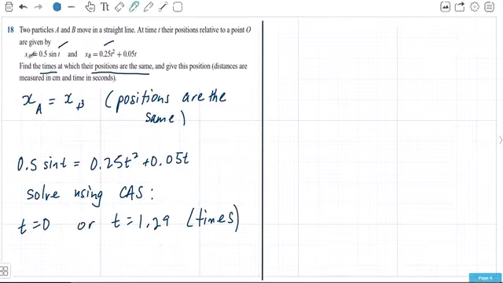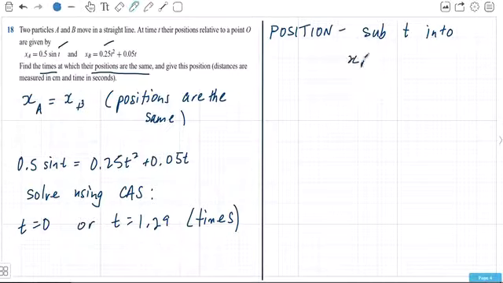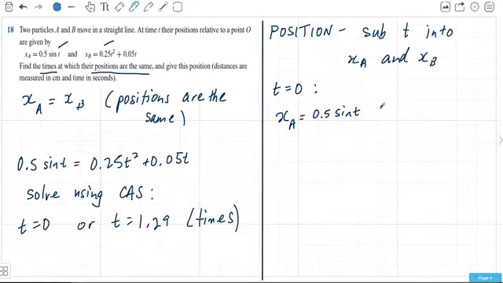To get the actual position, we need to sub the time, t, into the expressions for xa and the expression for xb, because they're the actual position vectors, positions for these particles. So we're going to substitute in. For t equals 0, we're going to put 0 in, so xa would be 0.5 sine t, and t is 0.